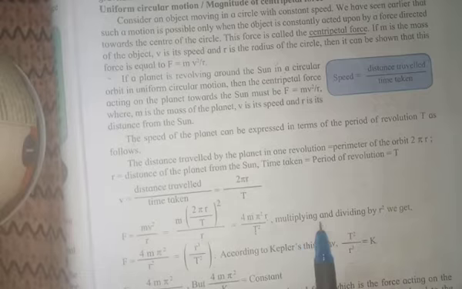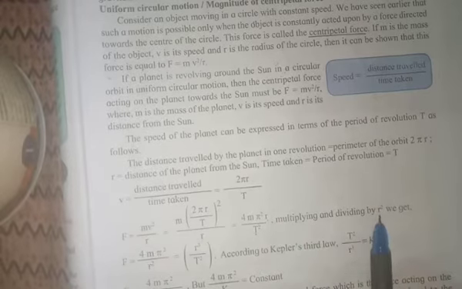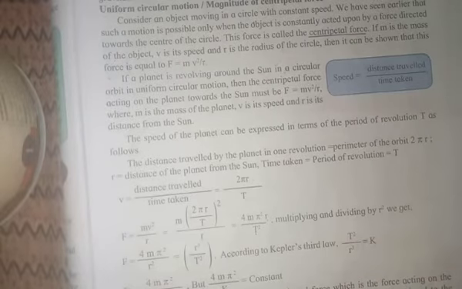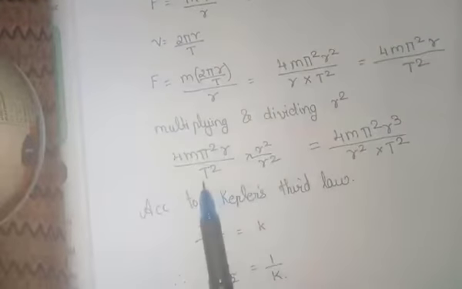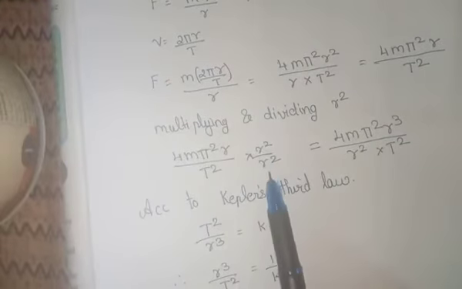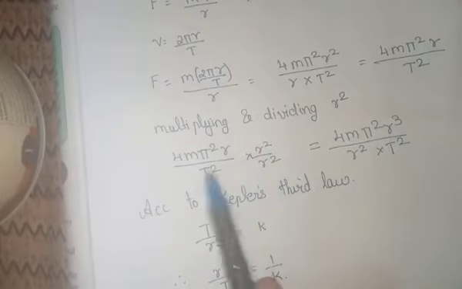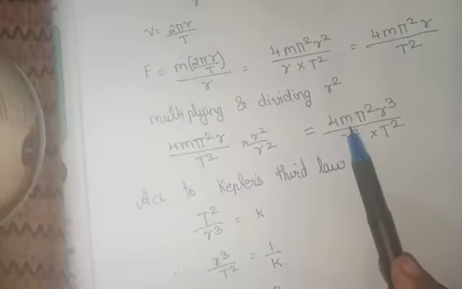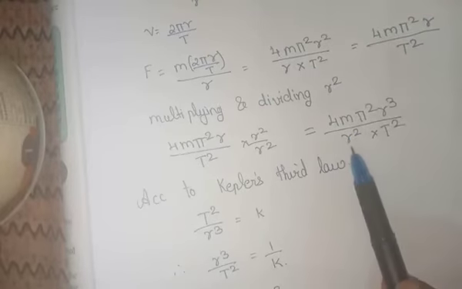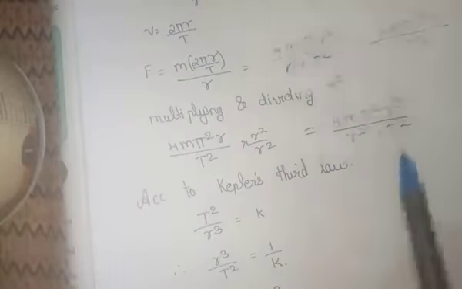We are going to divide and multiply this equation by r square. So we have 4m pi square r by T square into r square upon r square. The value I get is 4m pi square r cube upon r square into T square.